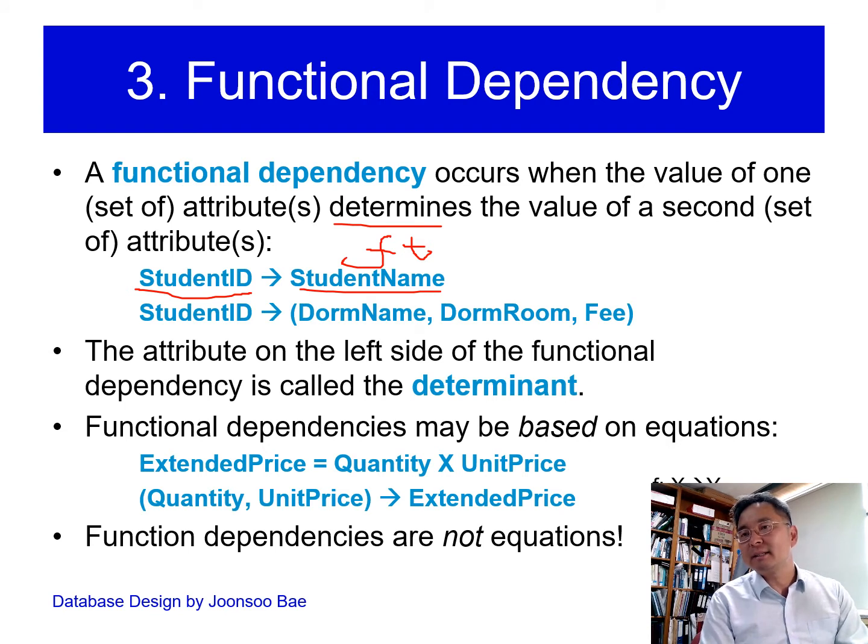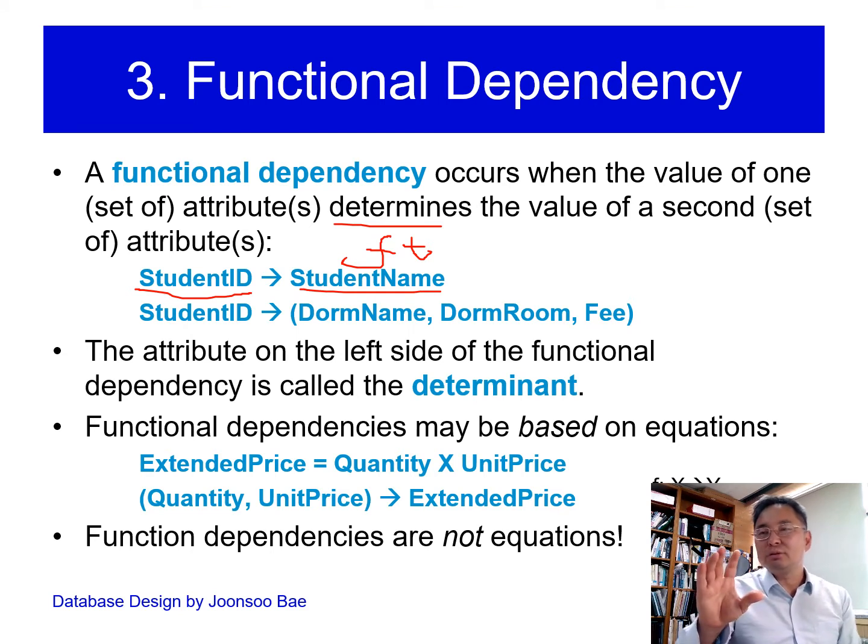So this means that the student ID attribute will determine the student name. What is the meaning of that? If you know a student ID, then you also know the student's name, because it is a 1-to-1 mapping or 1-to-many mapping.